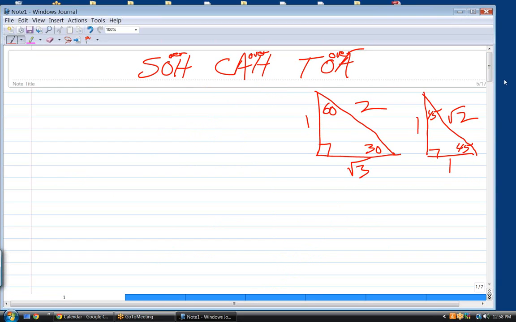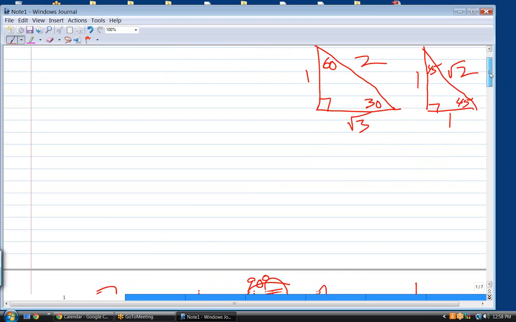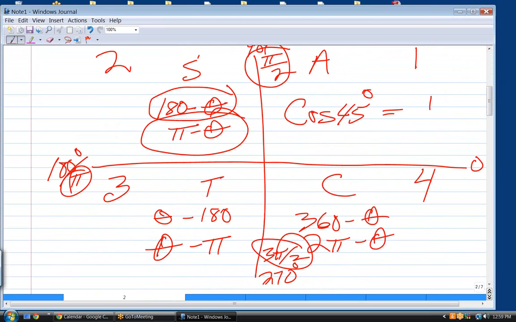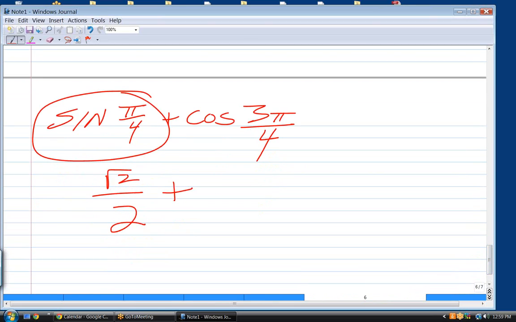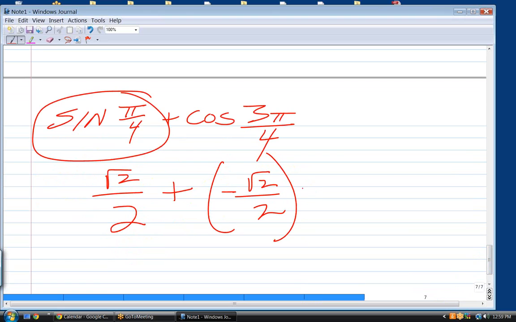That would be 1 over square root of 2, which is square root of 2 over 2. And what's its sign in the second quadrant? Negative. Okay, so back to our problem. We have square root of 2 over 2 plus a minus square root of 2 over 2. That's 0. Okay, and that's the way you want to do all of them.